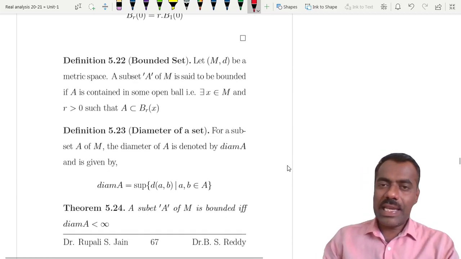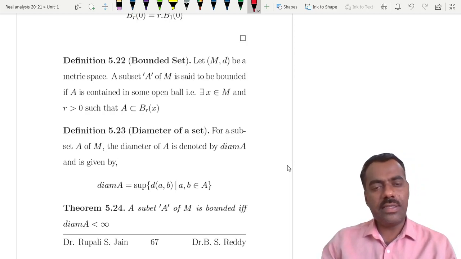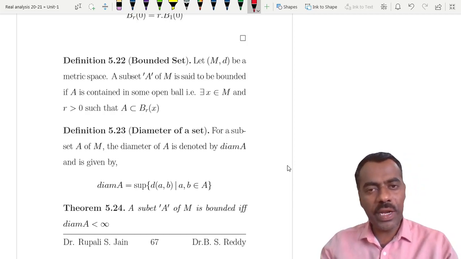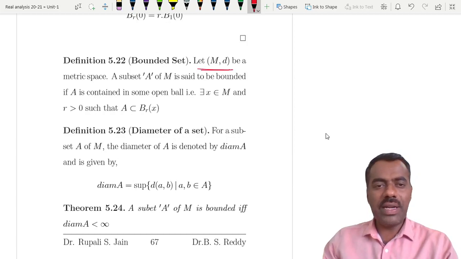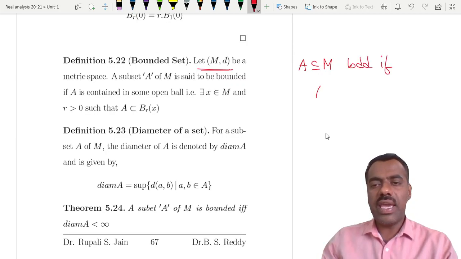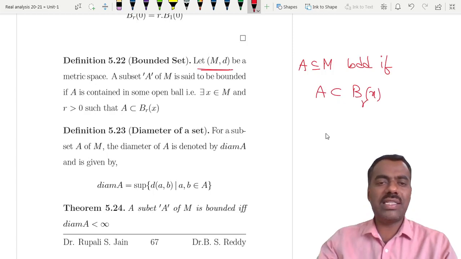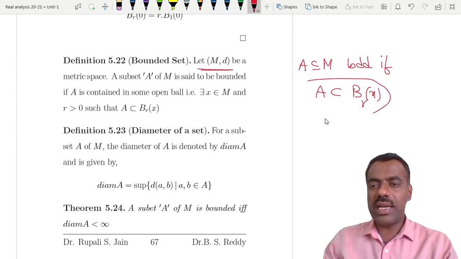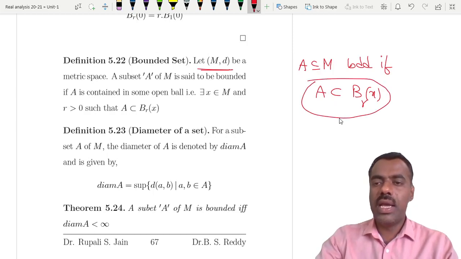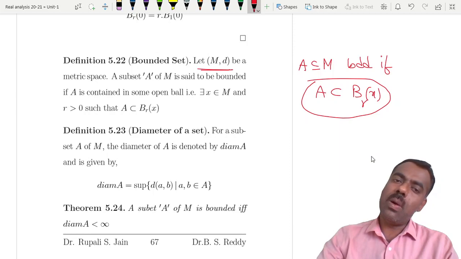Now just like in the reals, when we say that some set is bounded if it is contained in an open interval, similarly, you take a metric space (M, d), then a subset A is said to be bounded if A is contained in some open ball, that means there exist some x and some r greater than 0 such that A is contained in B(x, r). Then we say it is a bounded set.